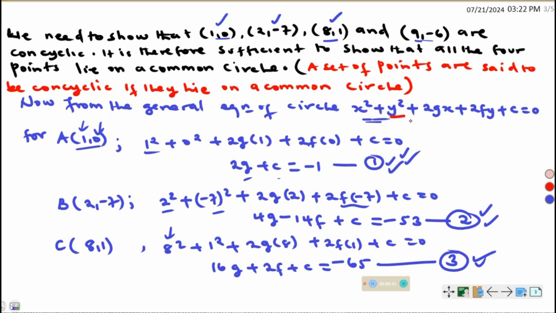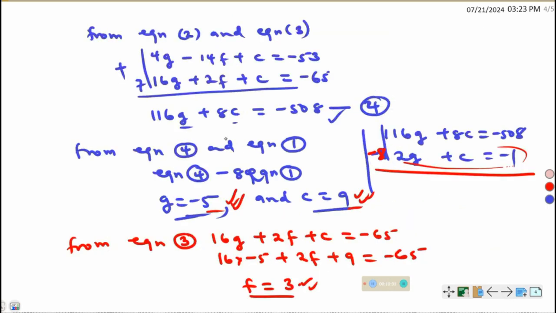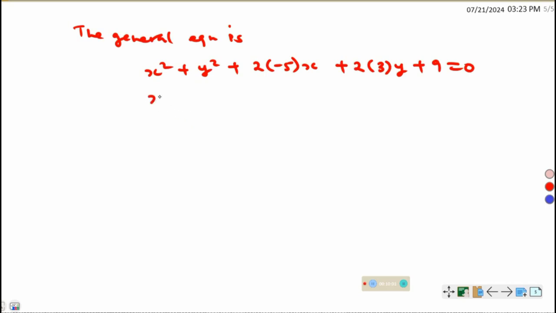From there, we are getting the general equation of the circle passing through 1, 0, 2, negative 7, and 8, 1, which is x squared plus y squared minus 10x plus 6y plus 9 equaling to 0.